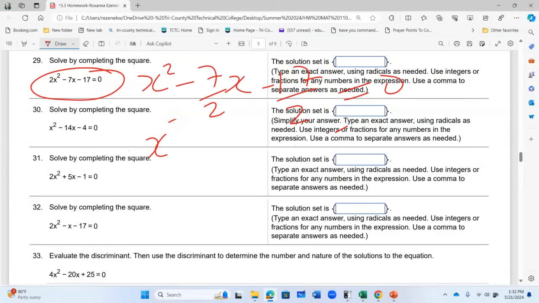So I have x squared minus 7 over 2x is equal to, it is minus on the left-hand side, so the right-hand side will be positive, plus 17 over 2.